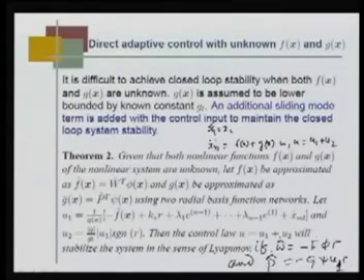If the parameters of these two neural networks are updated according to this law, then this control law u equal to u 1 plus u 2 will stabilize this system, that is, it will be Lyapunov stable. So, this is very important. What we discussed today is a very generic understanding of a direct adaptive control of an affine system.